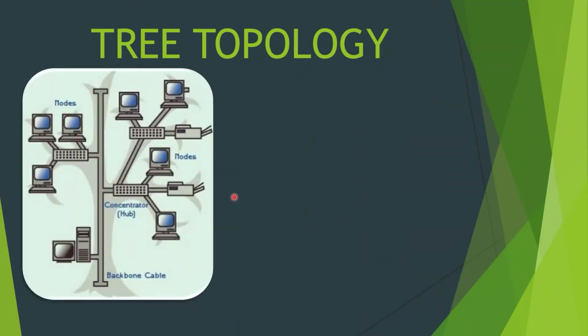Here you can see how it is forming a tree topology. Different individual nodes and even the star networks are connected to the main backbone cable and they are forming the shape of a tree. Thus, it is a tree topology.